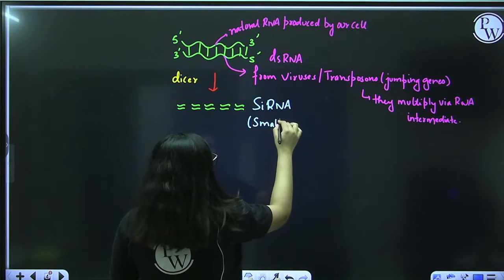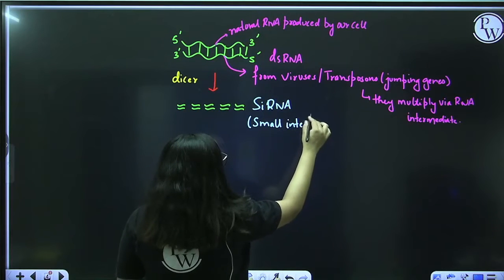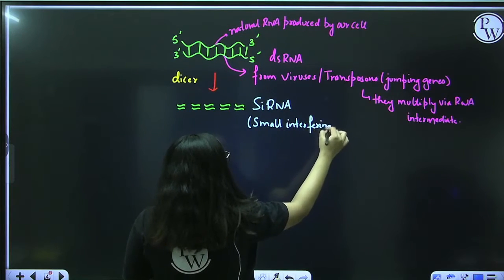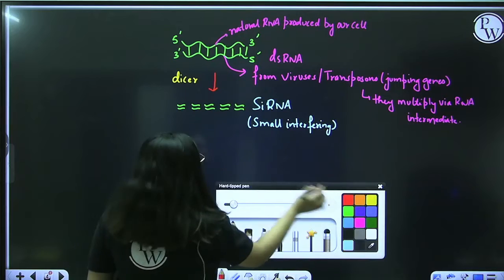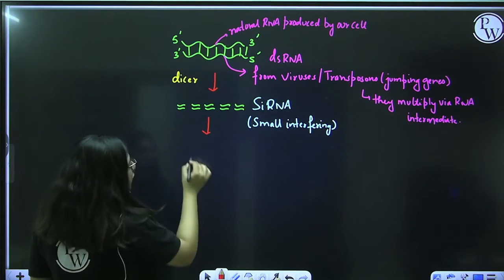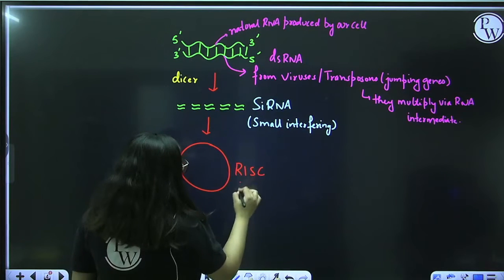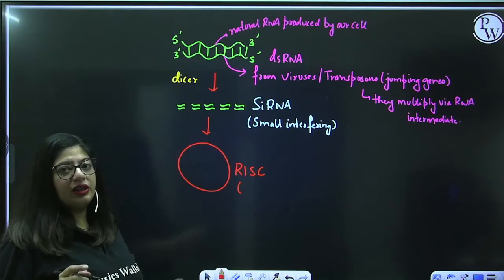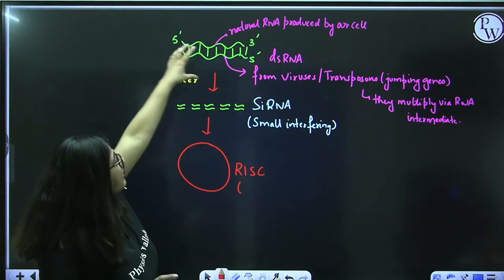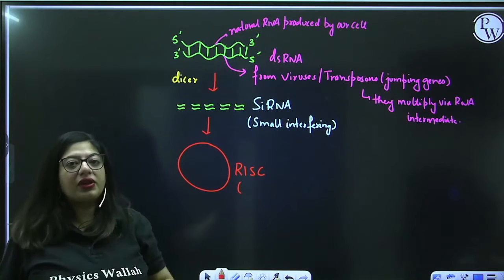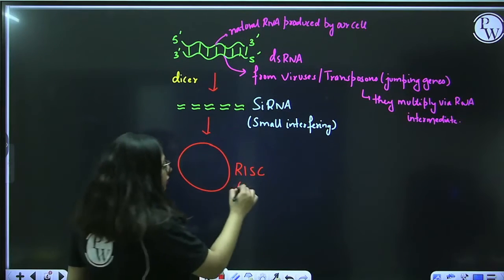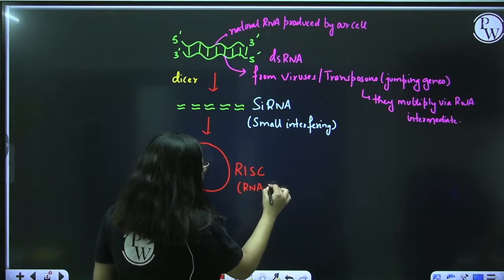Si means small interfering. Once they are formed, another set of enzyme will get activated, and the name of that is RISC. Imagine this is the enzyme RISC. RISC is the one which will help you in destroying this double-stranded RNA, right? The name is RNA-induced silencing complex.